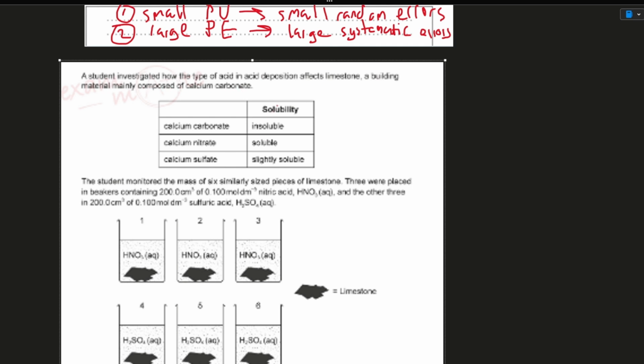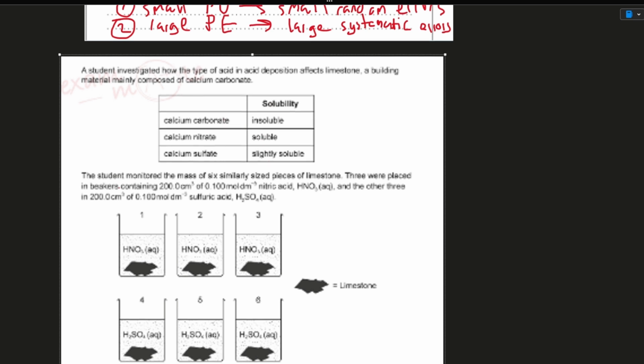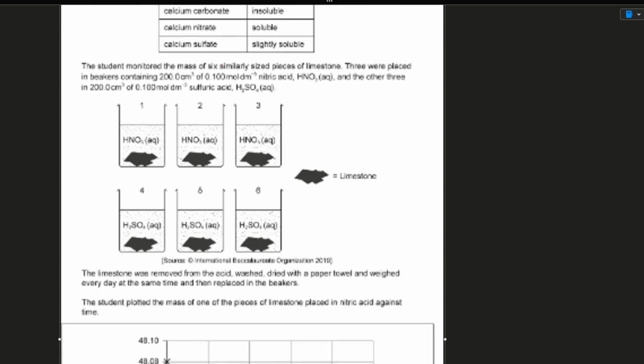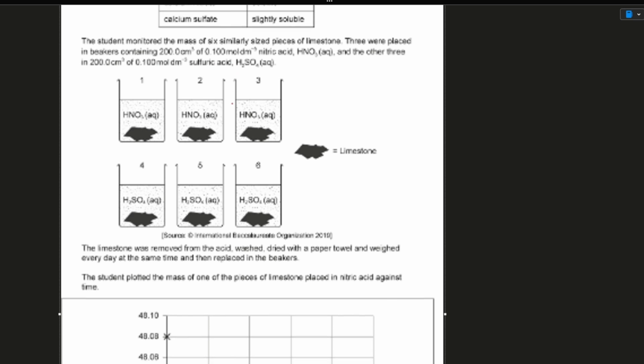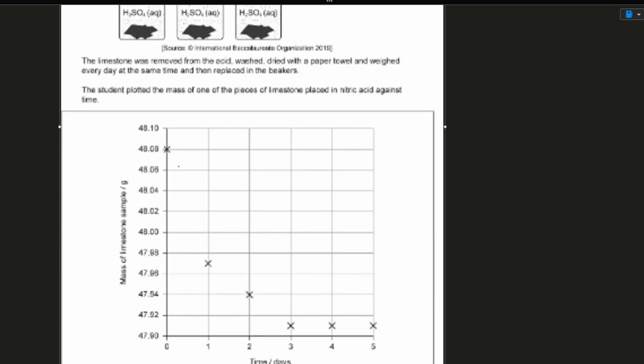Here we see the solubility of calcium carbonate, and we see that the student monitored the mass of 6 similarly sized pieces of limestone. 3 were placed in beakers containing 200 centimeters cubed of 0.1 mole per decimeter cubed nitric acid, and the other 3 in 200 centimeters cubed of 0.1 mole per decimeter cubed sulfuric acid. See a nice little diagram here.